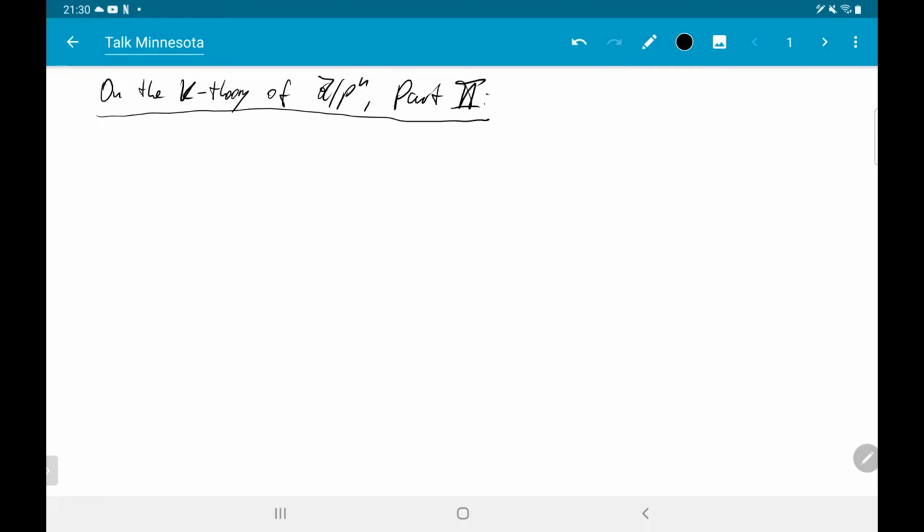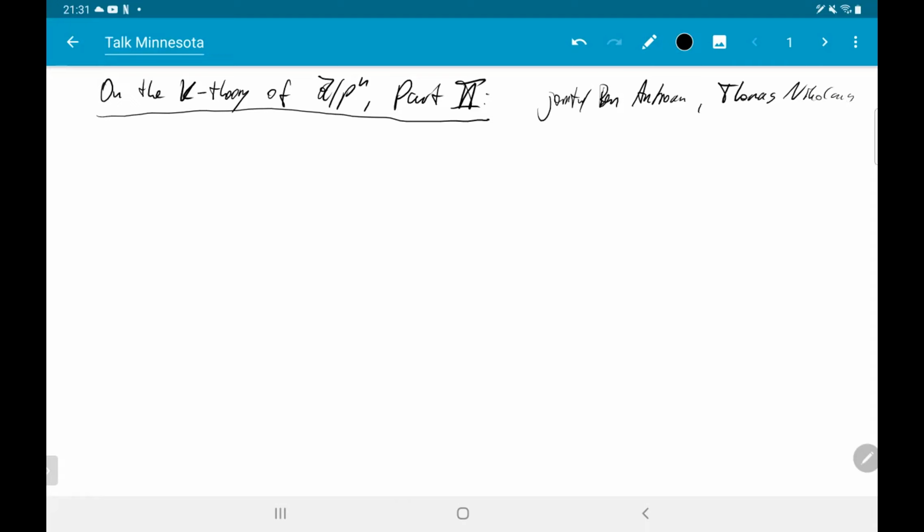As you said, I will be talking about this project joint with Ben Antieau and Thomas Nikolaus, where we compute the K-theory of Z mod p^n, and actually a little bit more general rings than that.